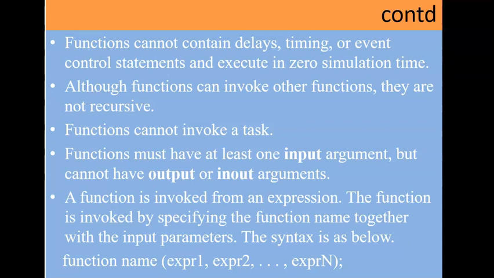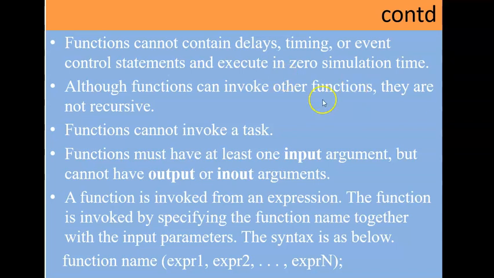It indicates some activity, which means it has a specific application and a specific use. As I told you in the earlier slides, I can write a function for a mux, a multiplexer, or for a full adder. When I call this full adder and give the input values, it gives me the result.